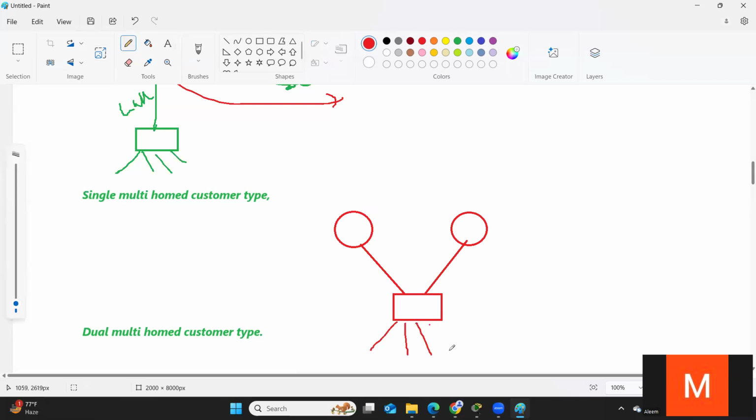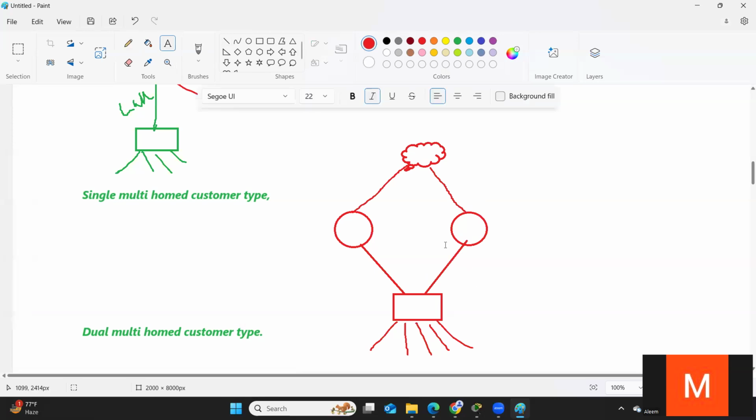Now they are using a single ISP, even though they have connectivity like this. Mostly customers will use HSRP here, Hot Standby Router Protocol, or GLBP, Gateway Load Balancing Protocol. And the requirement here is the BGP protocol. This is the single multi-homed customer type.